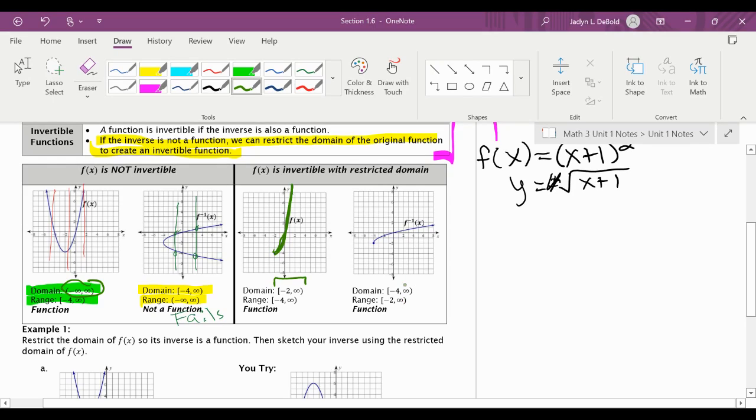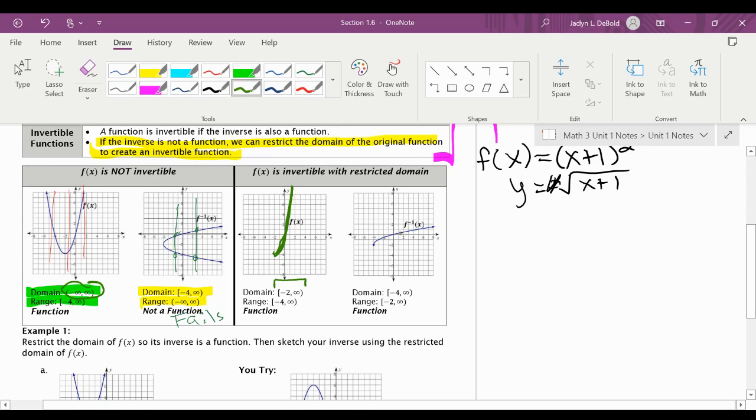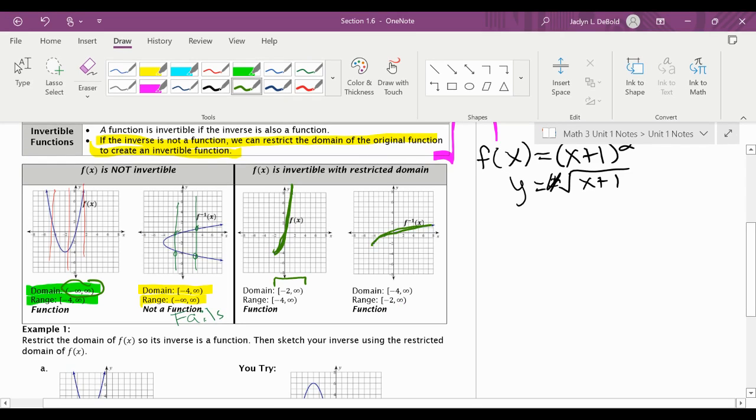And then when I do the inverse, it's still going to be a function. And that's kind of the goal of this video, is how do we restrict our domain so when I do have the inverse, it still creates a function. Usually this is going to happen when we're talking about parabolas or quadratics, because if I do an inverse, it's going to be something that's going to fail the vertical line test.